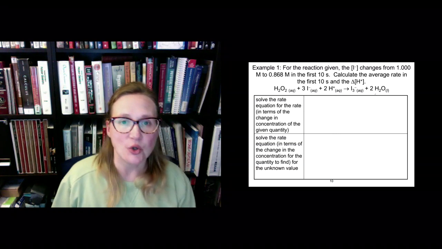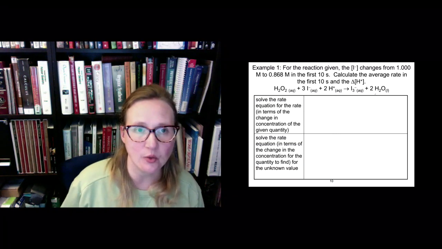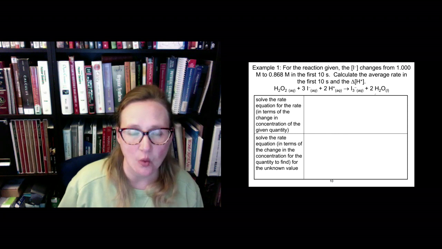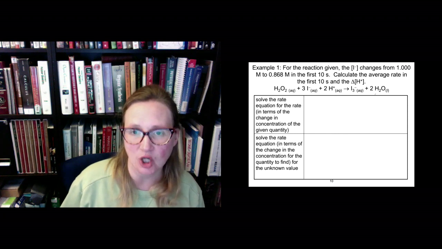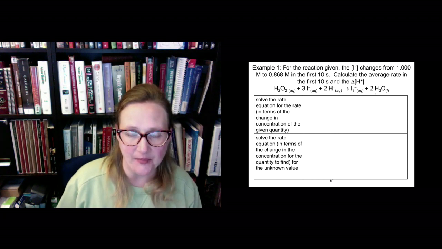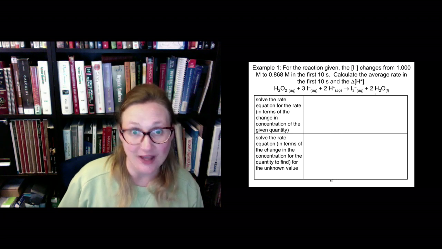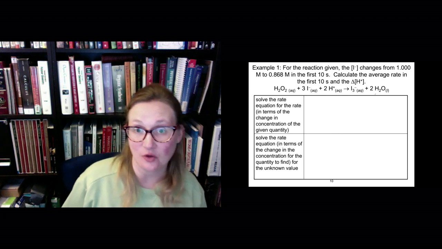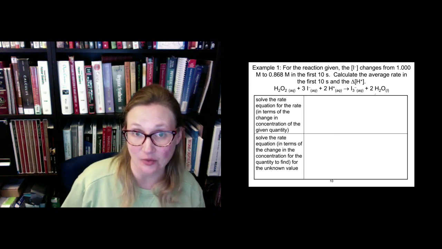All right, so let's work on a problem. So we have this reaction where we take hydrogen peroxide with iodide to form triiodide, and this is a reaction that's colored, and so we can monitor the formation of triiodide by the formation of the color that forms.